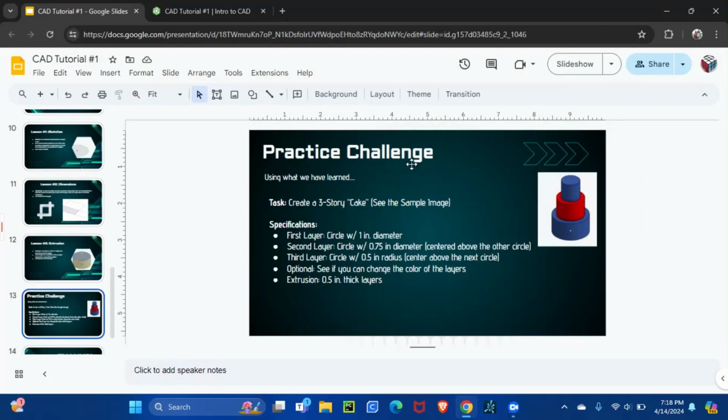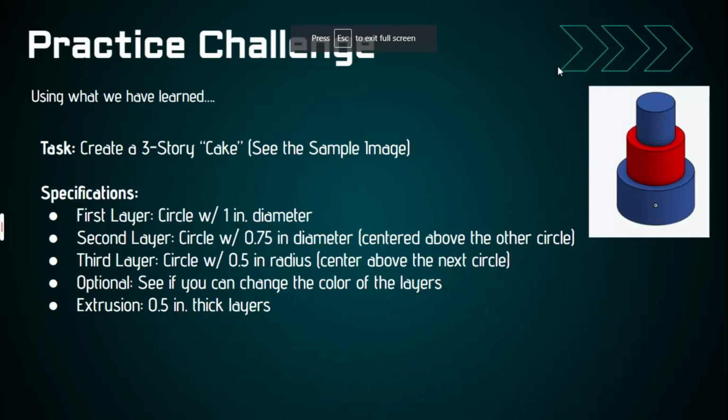All right, for the last thing, we're going to do a little bit of a practice challenge, reviewing what we learned today. Our task today is to create a 3-story cake. So here are the specifications. I'm going to give you guys a little bit of time to do that.